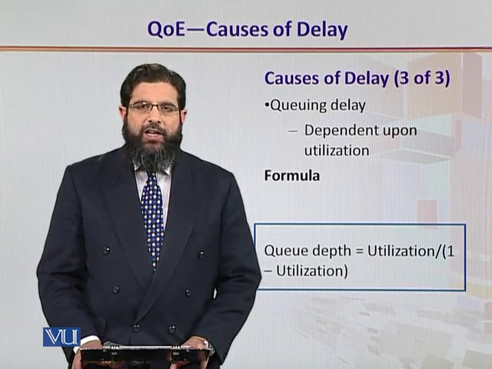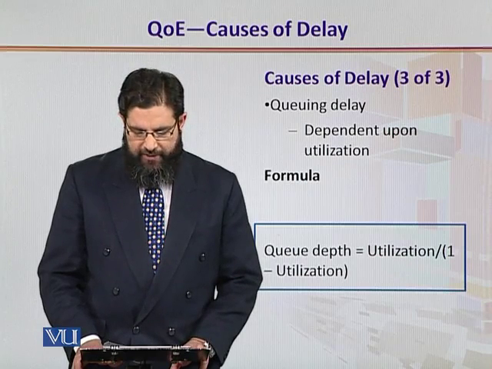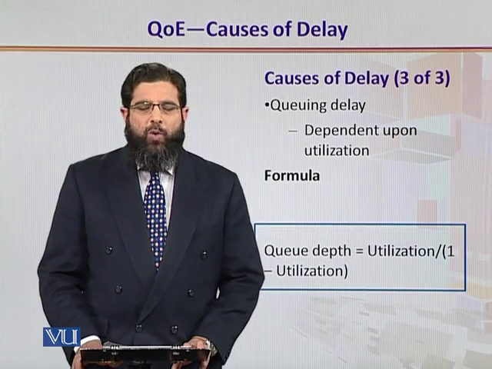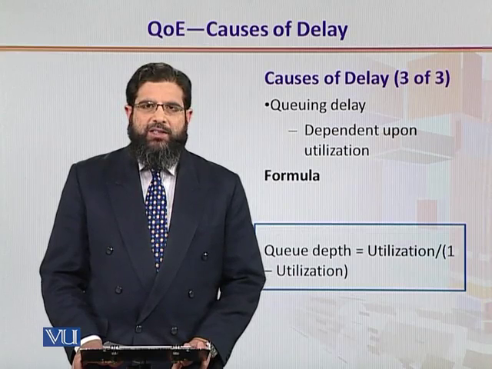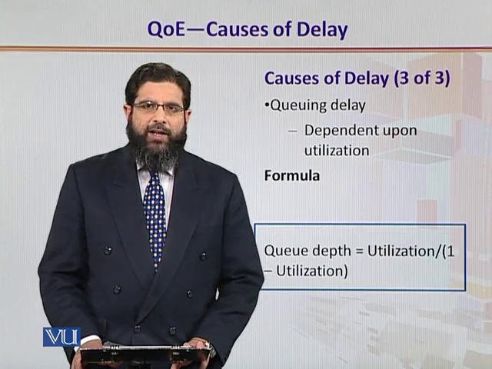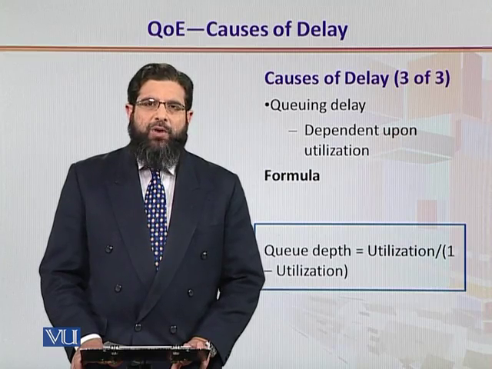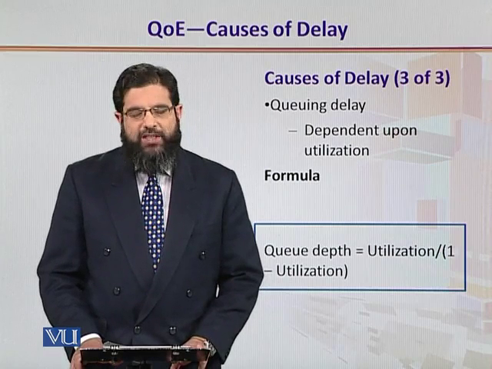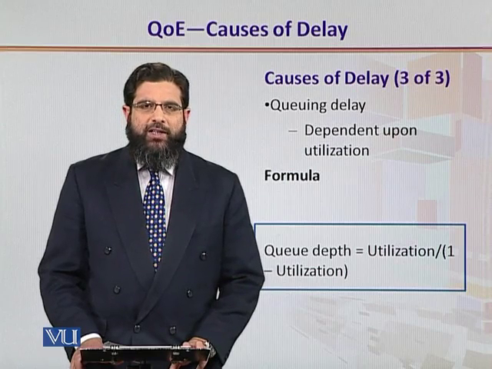For the packets which are enqueued at the router, they suffer from queuing delay. The queuing delay has a direct relationship with what is the utilization. For an underutilized router or an intermediate device with queue, if the utilization is far below 70%, the magic number that we had talked about earlier, we see that the queue depth is going to be smaller than 1.